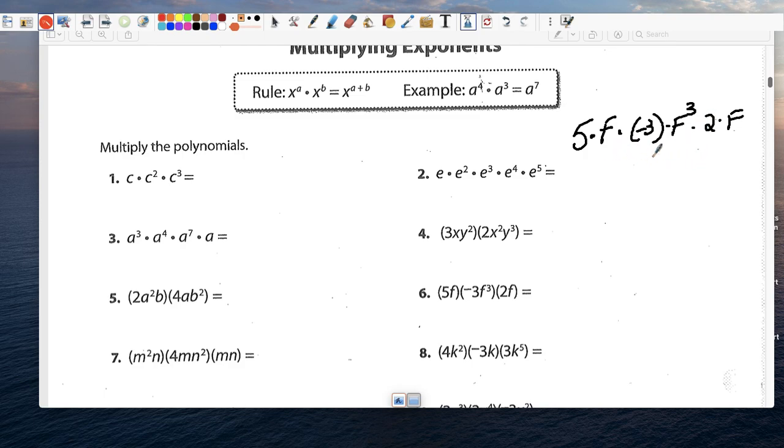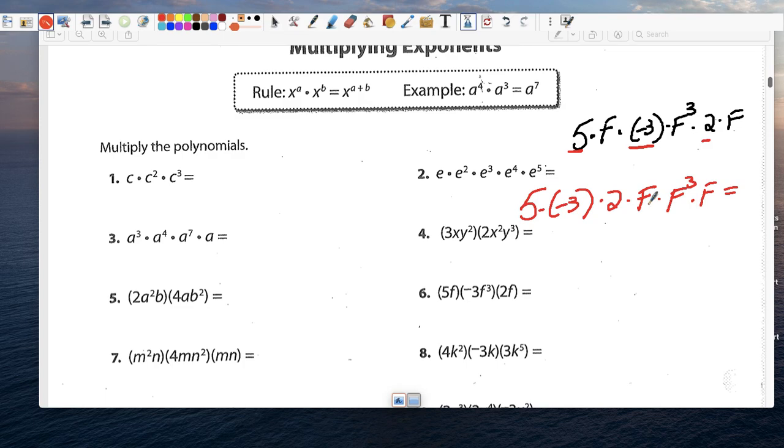So if you feel necessary, you want to move the coefficients all next to each other. So here's a 5, it's being multiplied by negative 3, and then multiplied by the 2. So if you want to rewrite the expression and have them all next to each other, go ahead. And then the f's, there's an f here, and f to the third, and then that last f here.